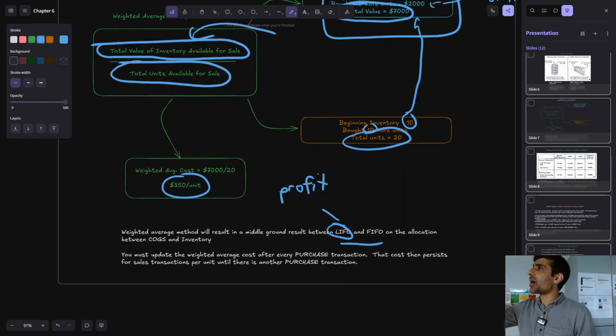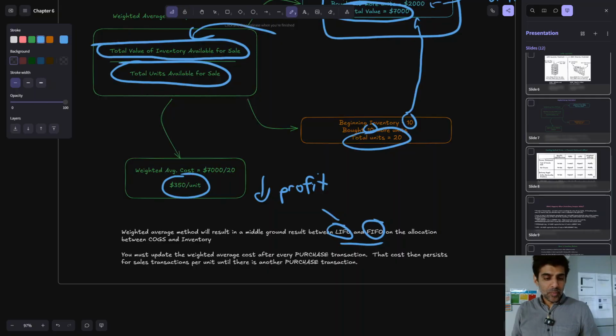And if you have higher cost of goods sold, that's going to cause your profit to be lower because cost of goods sold is an expense. So a larger expense is going to result in a lower profit. Okay, and so the opposite will be true with FIFO. FIFO is going to give you the highest profit because it's using the oldest value of the inventory, and weighted average is going to be in between those two because it's not using the oldest or the highest, it's using a blend of the two.